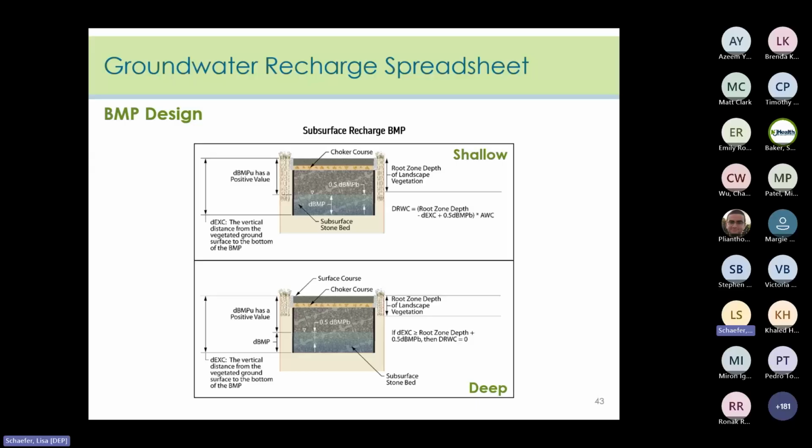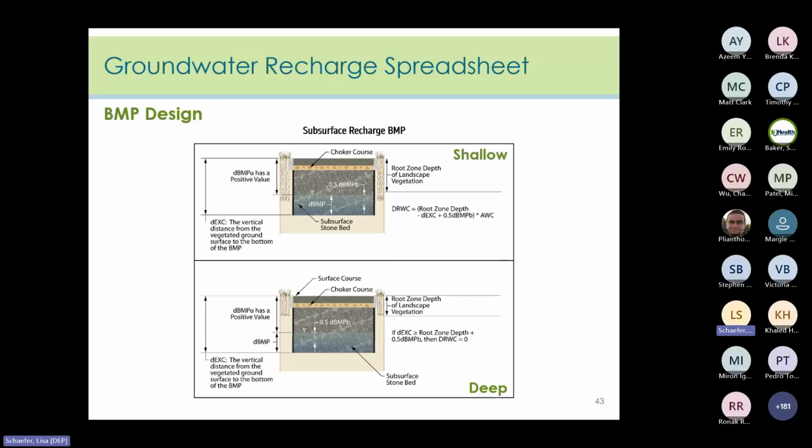Lastly, these figures are for situations where your BMP is underground, like a storage bed in a pervious pavement system or an underground infiltration basin. The top is for shallow configurations and the bottom is for deep ones. The dBMPU will be from the top of the gravel layer where the runoff is stored to the top of the ground level, and the value is positive.